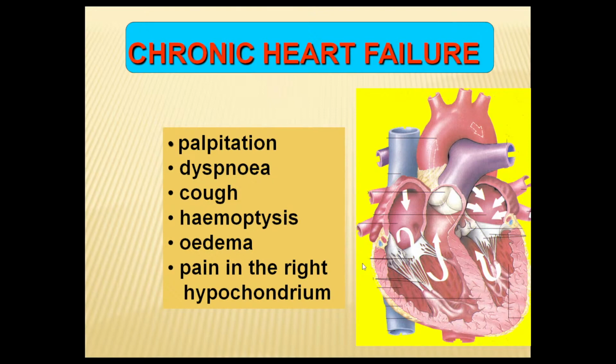Due to left ventricular failure, blood cannot come back into the affected left ventricle. Or congestion of blood in the greater circulation due to right ventricular failure, because blood cannot adequately come back into the right ventricle.